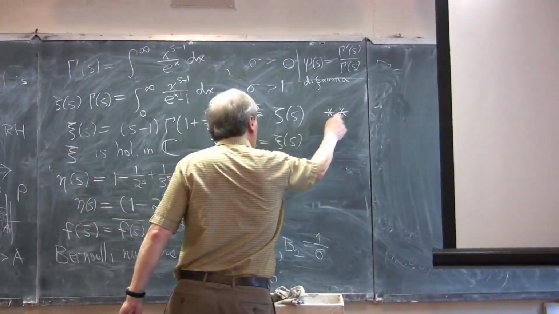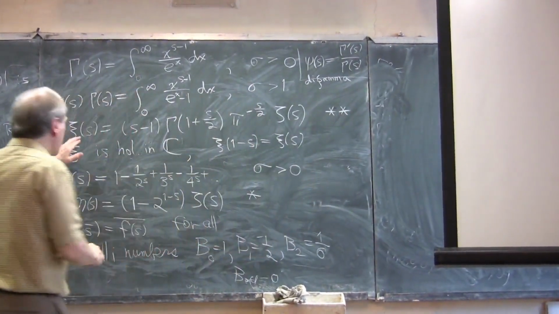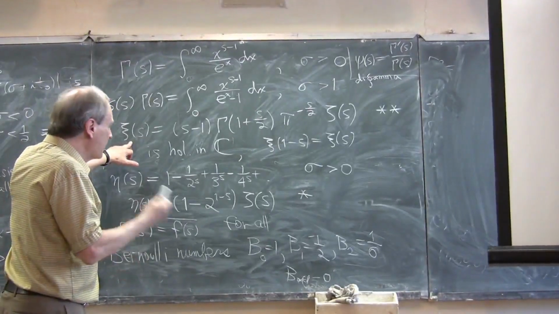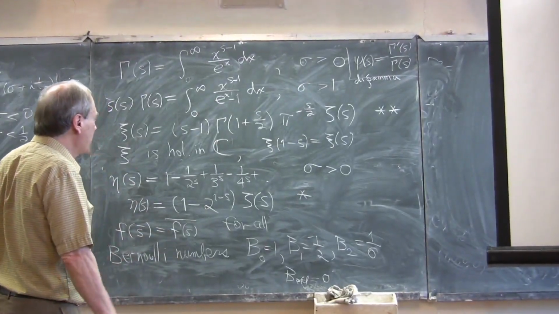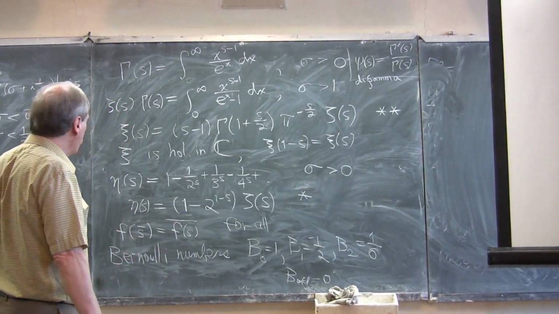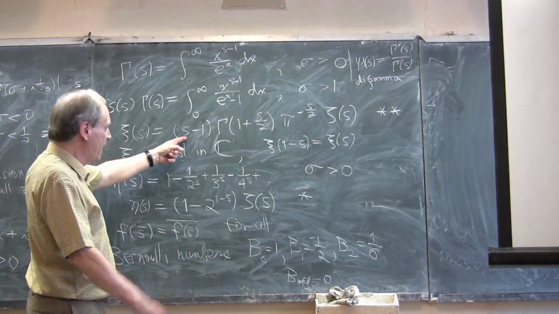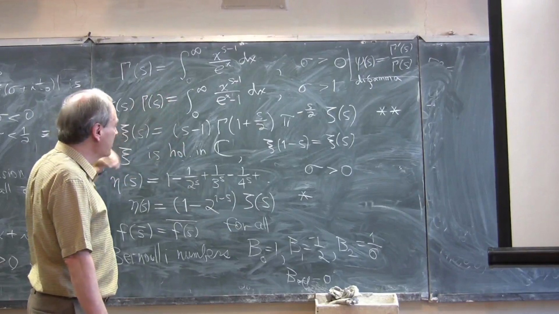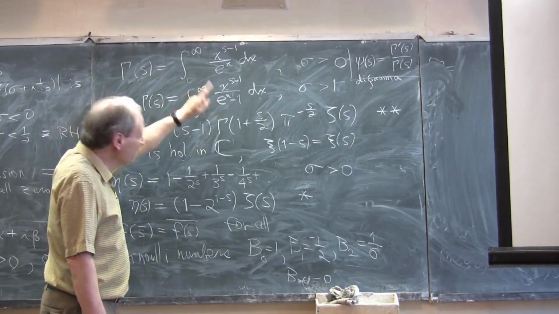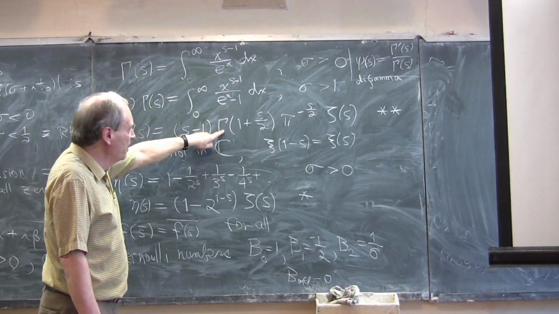We start from this product for psi, take the logarithm, take the logarithmic derivative, and you're going to get the logarithmic derivative of s minus 1, which is just 1 over s minus 1. You'll get the gamma function.